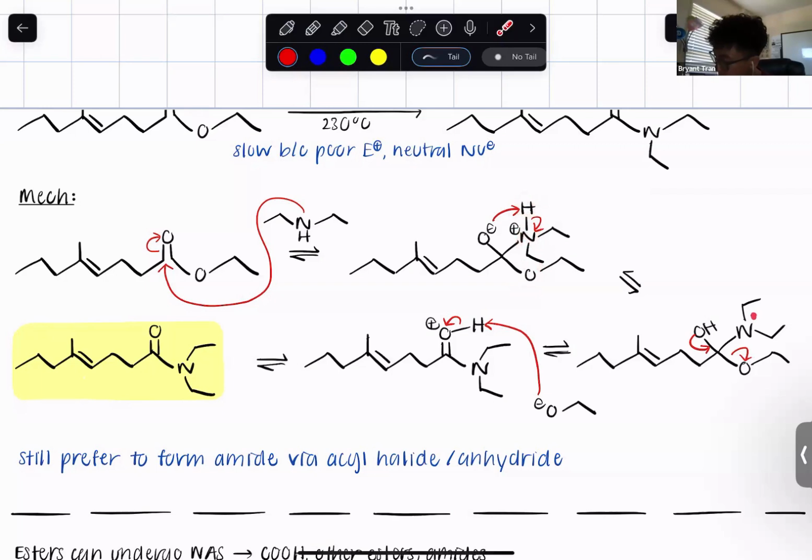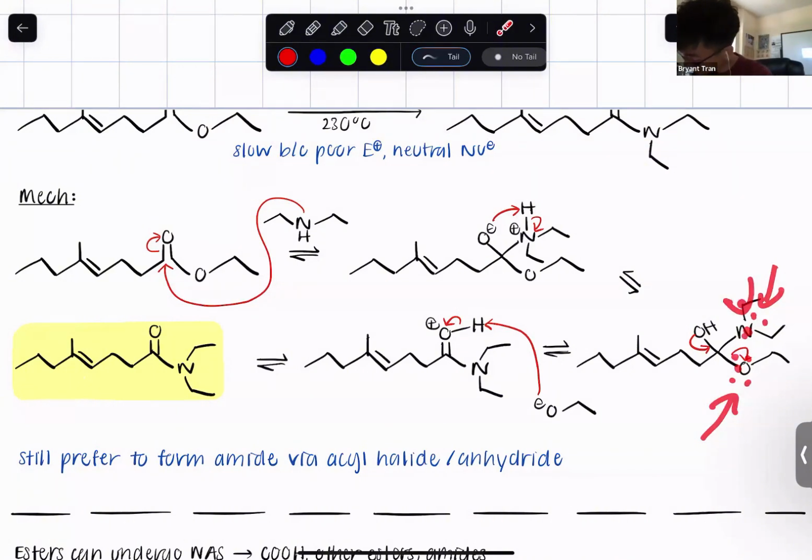Because if you think about it, the neutral nitrogen here is less electronegative than this neutral oxygen here. So yeah, this neutral oxygen here is more electronegative than this neutral nitrogen.